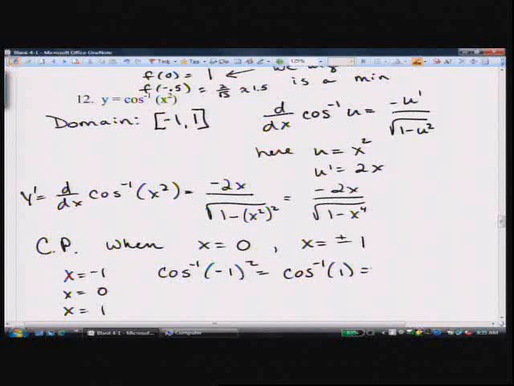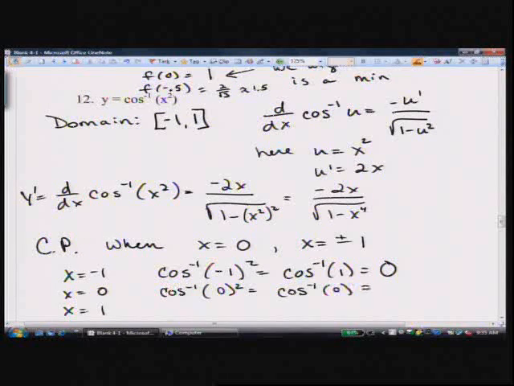For what angle is the cosine ratio 1? 0 or pi, but it's only defined for 0. Then what is the inverse cosine of 0? For what angle is the cosine 0? 90 degrees, which is pi over 2. And then this one, we already know the answer because it's the same, and this is 0.